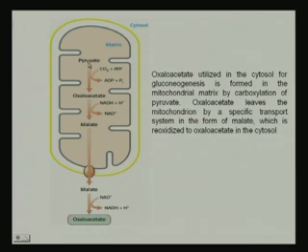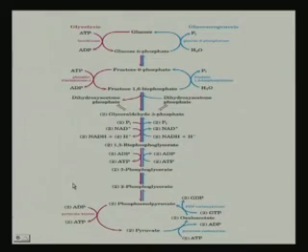So, this is pyruvate to oxaloacetate to malate, and once again this malate comes to the cytoplasmic fluid, and malate to oxaloacetate is produced, and in this way these reactions go on in the mitochondria and the cytosol. As I have already discussed, this is the reversal of the glycolytic and gluconeogenesis process.